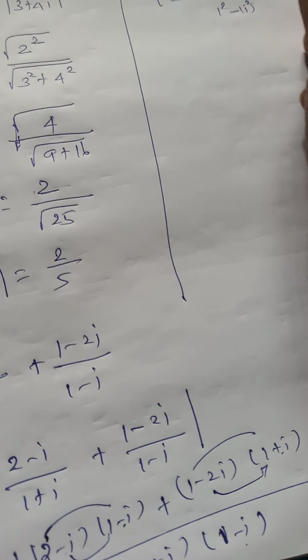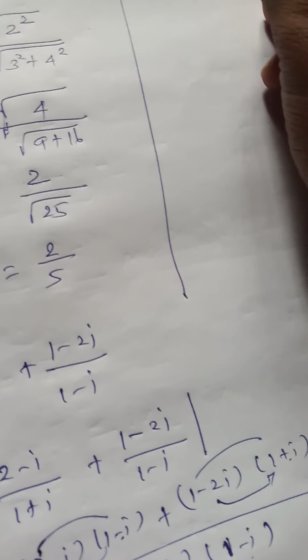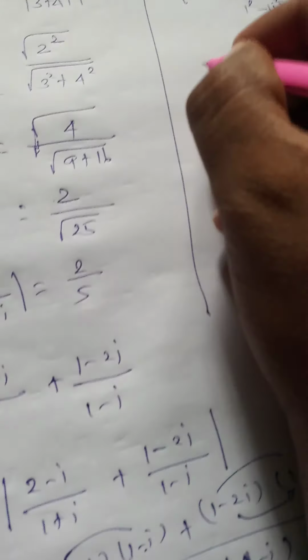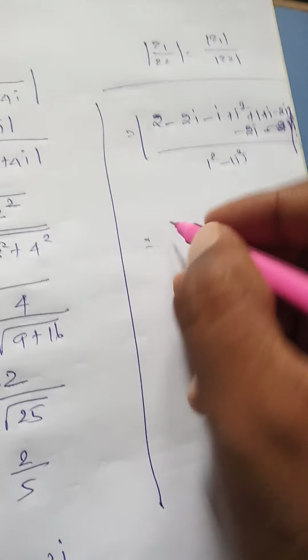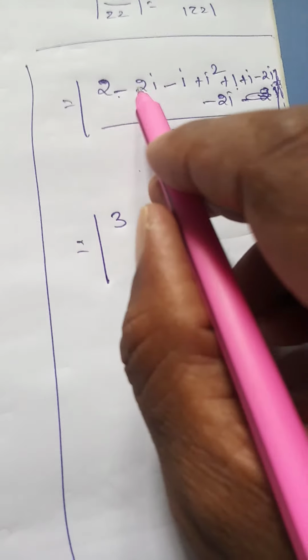Then next, 2 plus 1 is 3, common. Minus 2i, minus i plus i cancel.